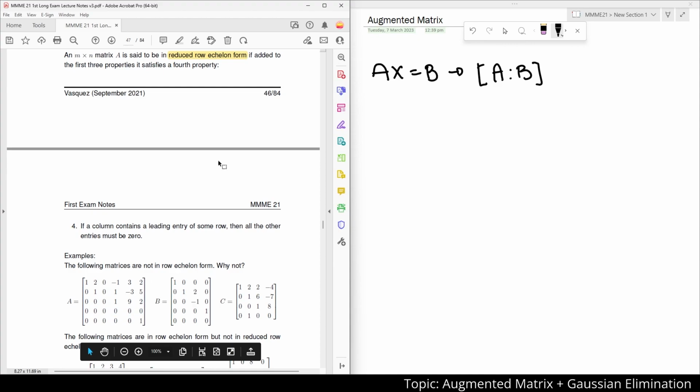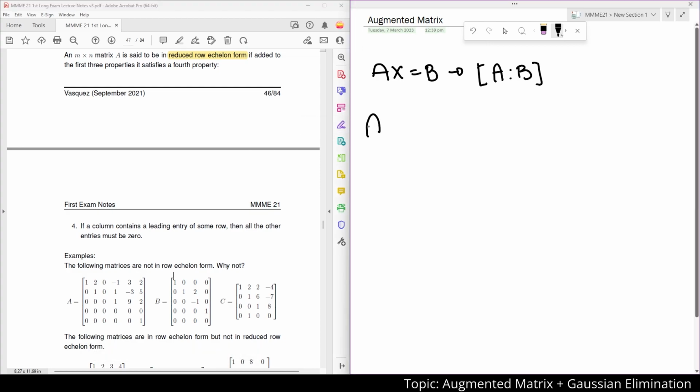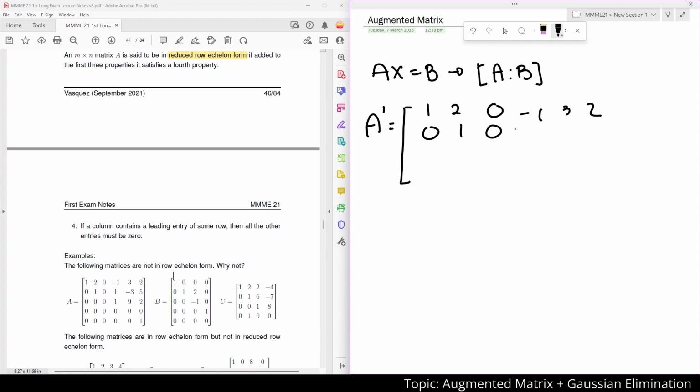So if we want to make A in row echelon form, gusto nating kumuha ng matrix na similar kay A na row echelon form, what we can do is 1, 2, 0, negative 1, 3, 2, 0, 1, 0, 1, negative 3, negative 3, 5, 0, 0, 0, 1, 9, 2.